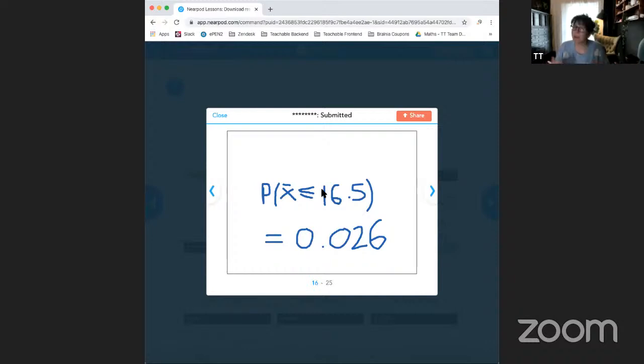It's not weirdly big and weirdly small at the same time. The mean of the distribution is 18. If the mean of the distribution is 18, then 16.5 is weirdly small. Therefore, we need the probability that X bar is less than or equal to. Nothing to do with both. It can't be weirdly big and weirdly small at the same time.